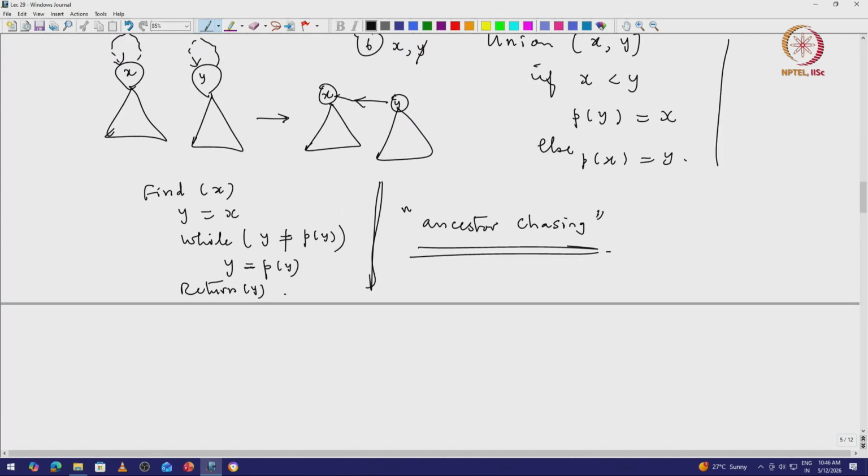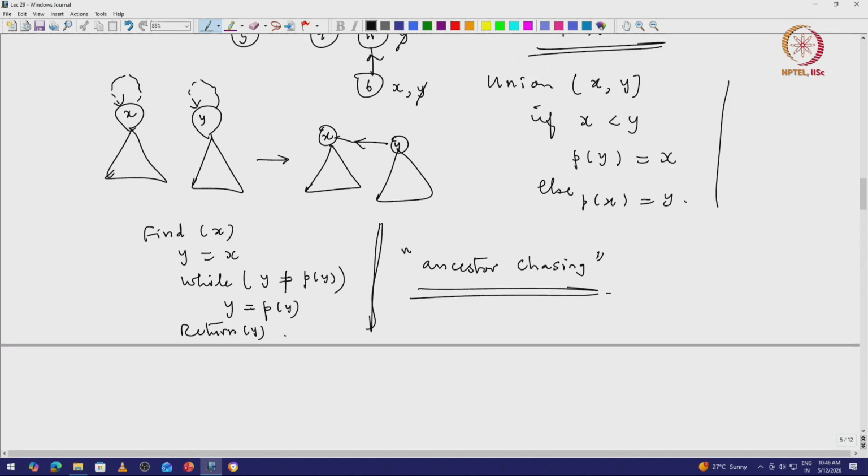Now you can see how I initialize it. What is the initial partition? The initial partition is 1, 2, ..., n, the finest partition. This is represented by 1 with a self loop, 2 with a self loop and n with a self loop.